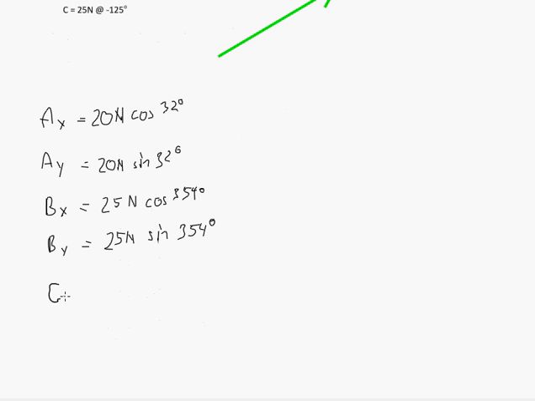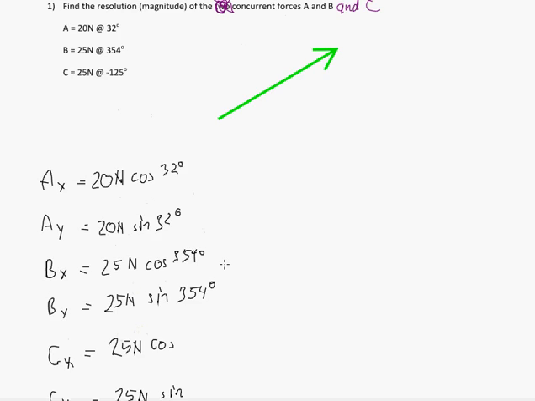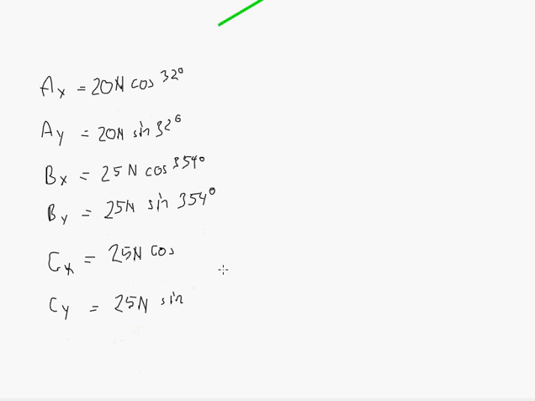And then we're going to have cx first, and then cy. And let's go back up. This is going to be 25 newtons cos, and this is sine, and it's negative 125.